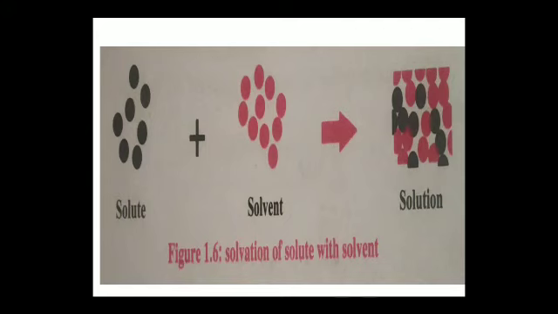By observing the following diagram, you will clearly understand the solvation process. When solute molecules are surrounded by solvent molecules, we get a solution. During this process, a reorganization occurs between solute and solvent molecules to produce the solution.